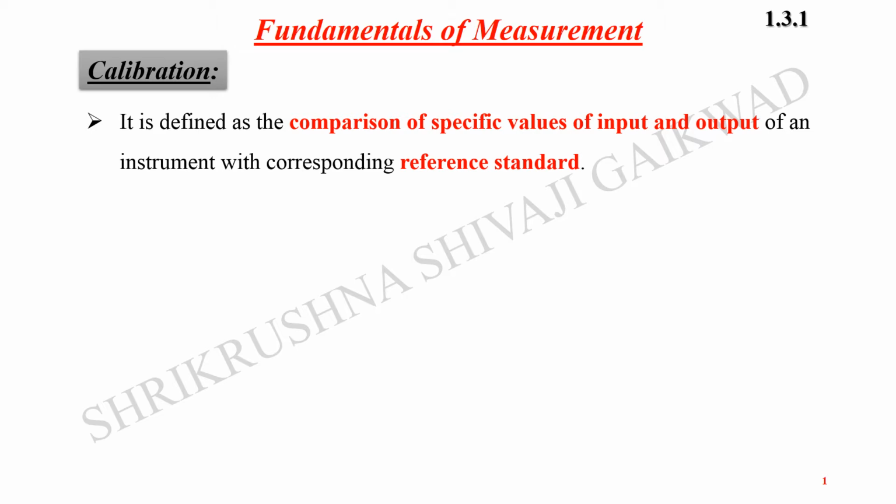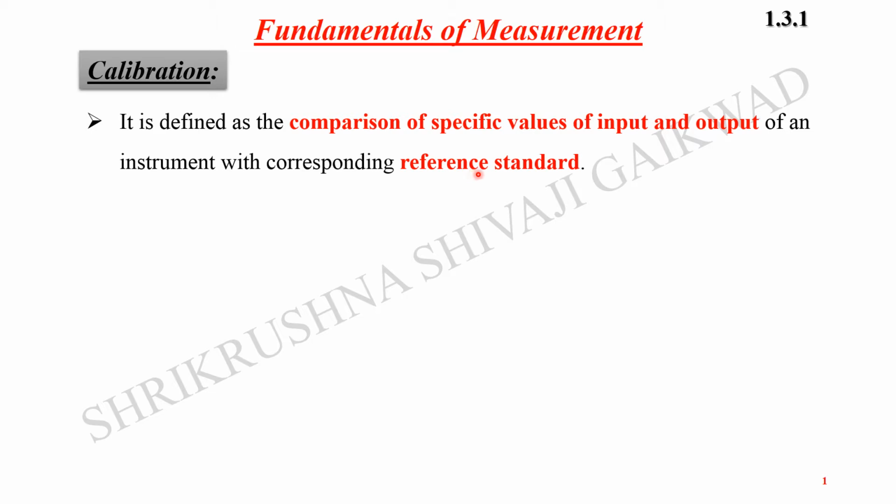In continuation with the last lecture, now we'll talk about calibration in this lecture. Calibration is a very essential part of industrial measurements and control. It can be defined as the comparison of the specific values of the input and the output of an instrument with the corresponding reference standards.